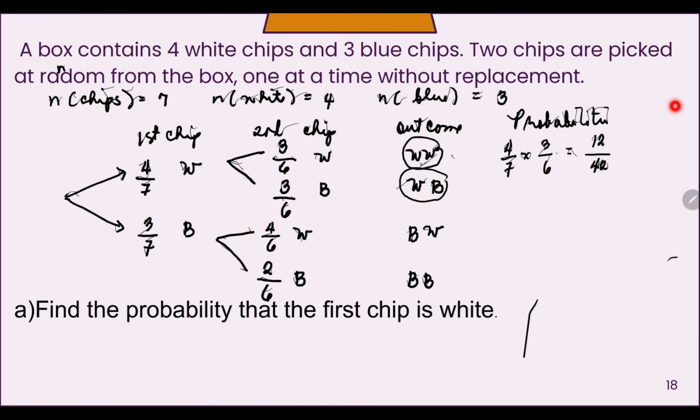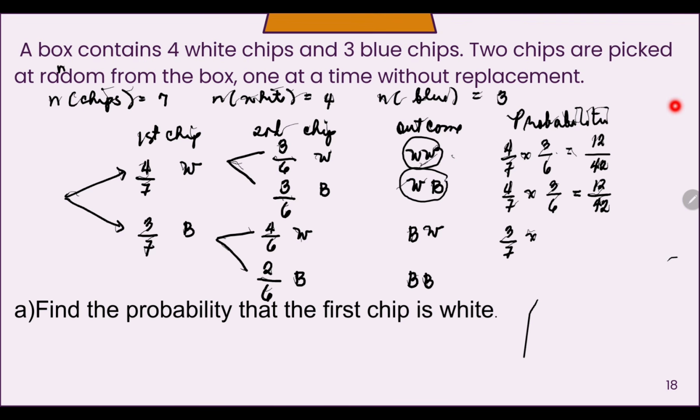Then for the white is 4/7 multiplied by, we have for the blue, it's also 3/6. 3 blues in the box. That would still be 12 out of 42. Let us continue the probabilities. Blue probability is 3/7. I keep on saying black. It's blue.